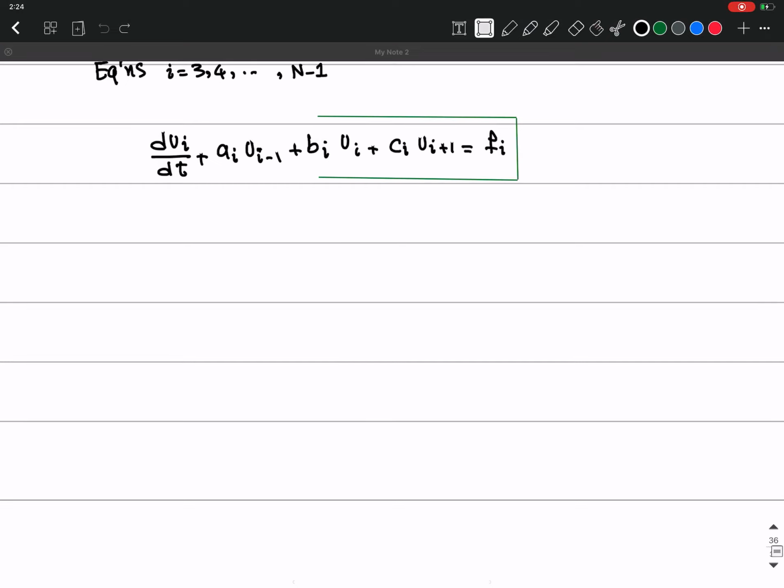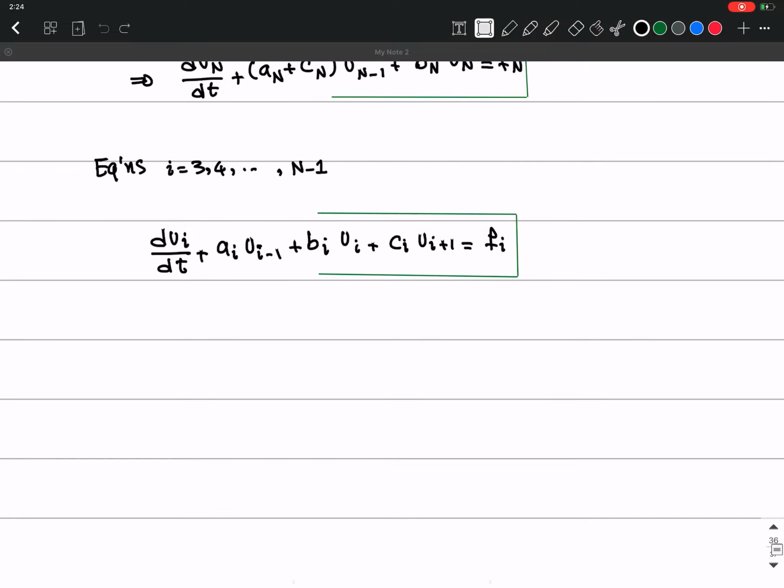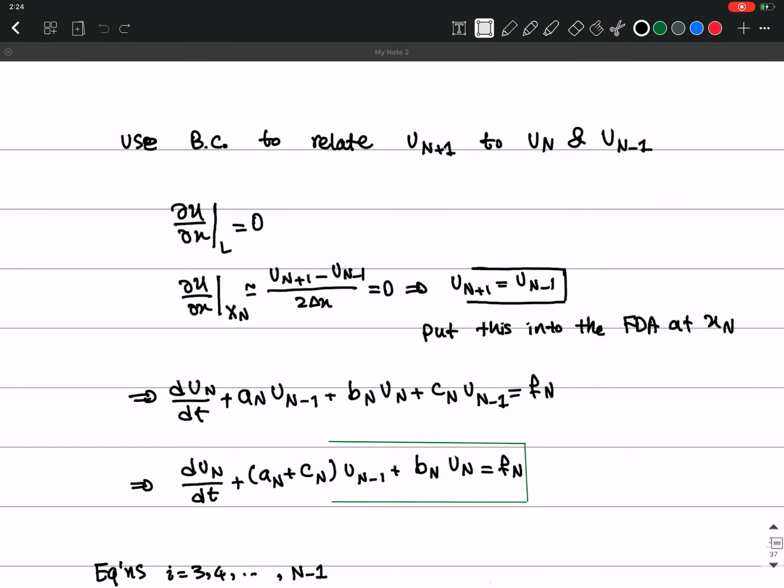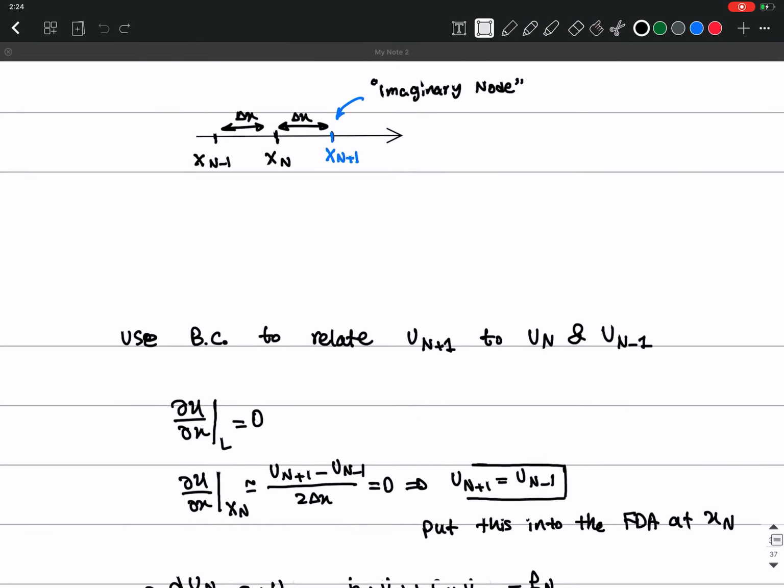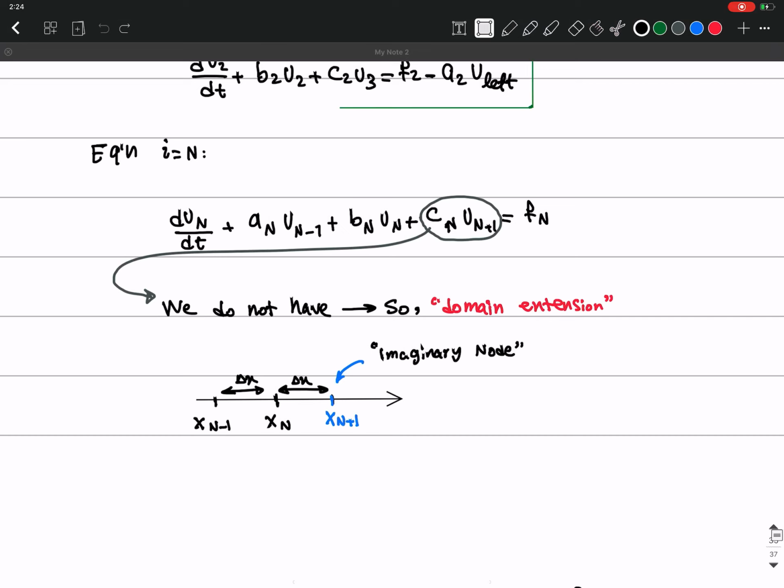Hello everyone. So today I'm going to continue solving this example that we brought up in the last lecture. Now we have these ODEs that we defined, and this is the general one that we defined last time.